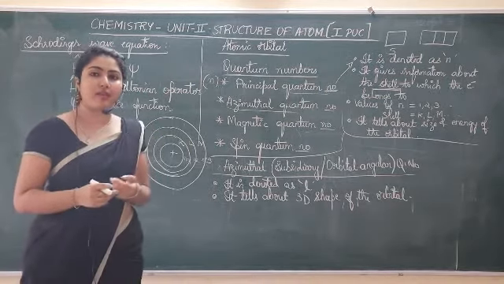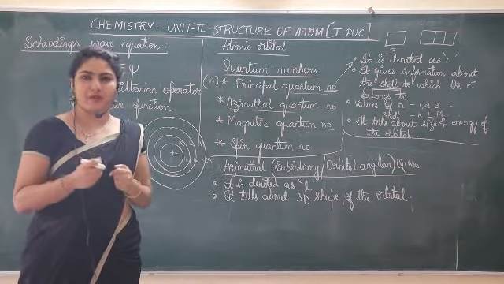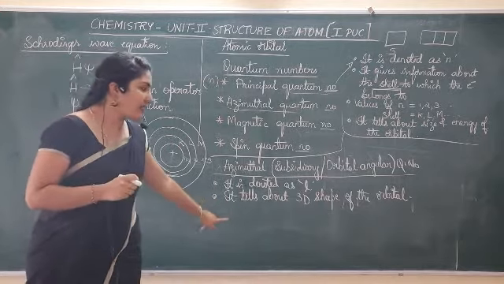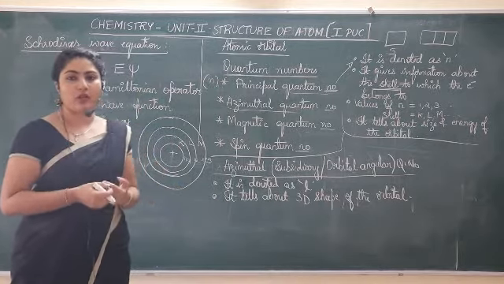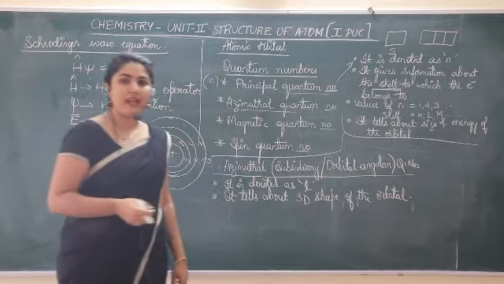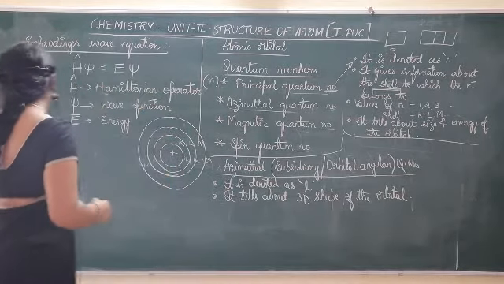That is, by considering the coordinate axis XYZ, which we generally consider, using that, how the shape of the orbital looks like, that information is given by azimuthal quantum number. We will see how.